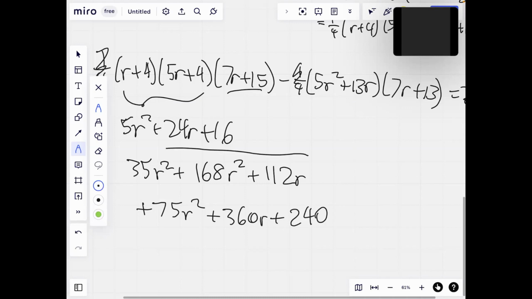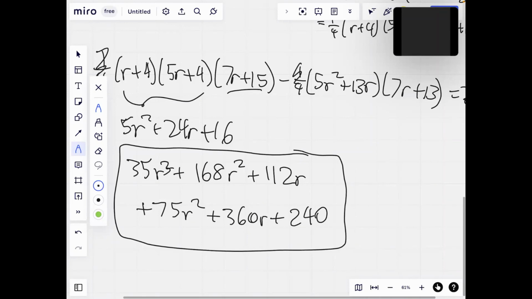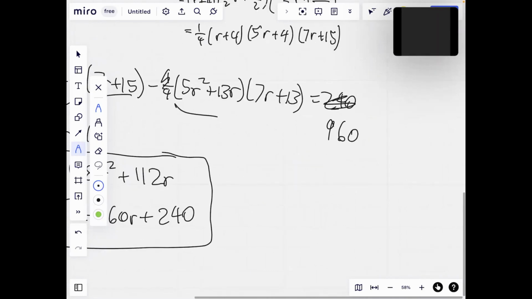And so this is our left-hand side, and sorry, this should be cubed. And over here, we have 35.